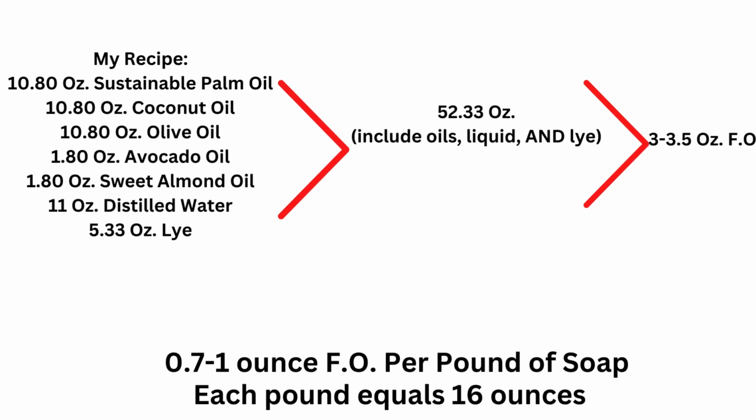For example, my recipe for a single batch of soap adds up to 52.33 ounces. Each pound is 16 ounces, so this would mean that I would use around 3 to 3.5 ounces of fragrance oil. I hope I explained this right. If you're still confused, then Brambleberry has a great fragrance oil calculator, which I'll be linking in the description box.